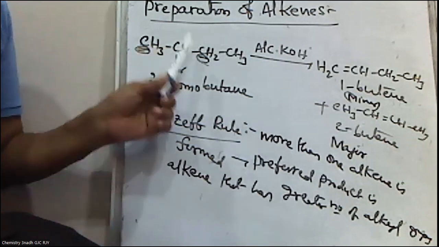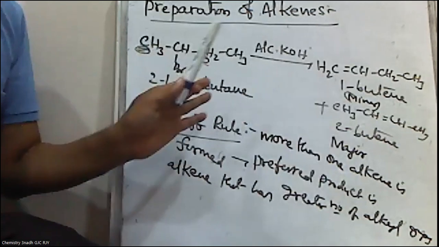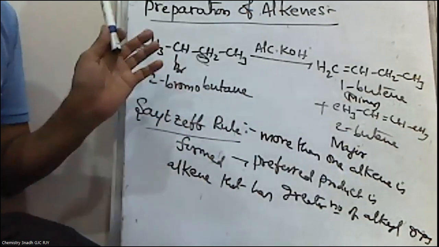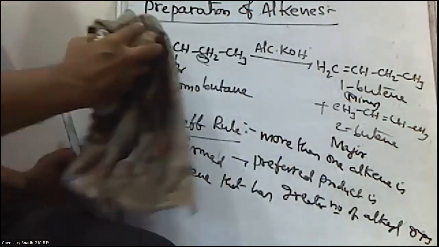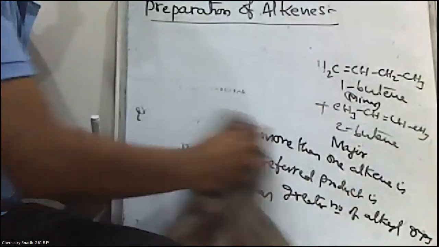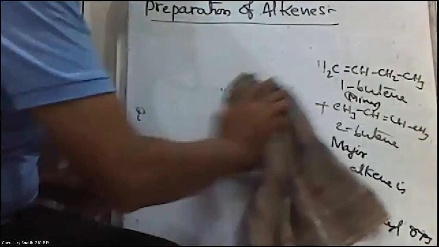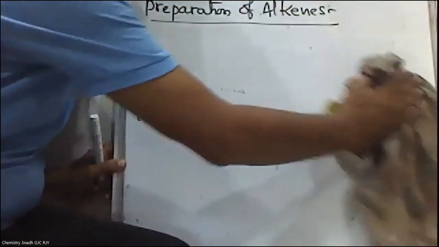The product formed when that hydrogen is removed is the major product in dehydrohalogenation. So this is the first method, dehydrohalogenation of alkyl halides.